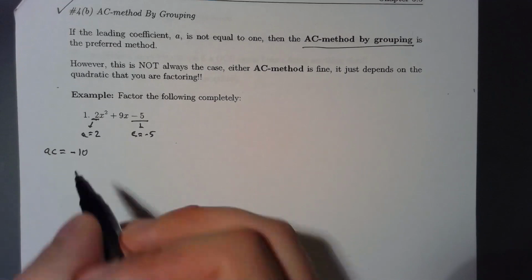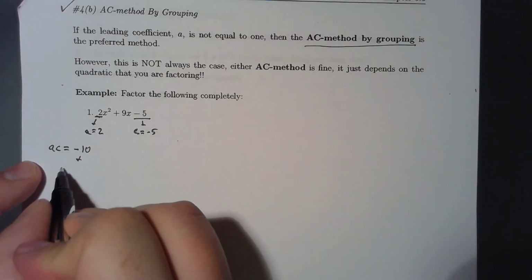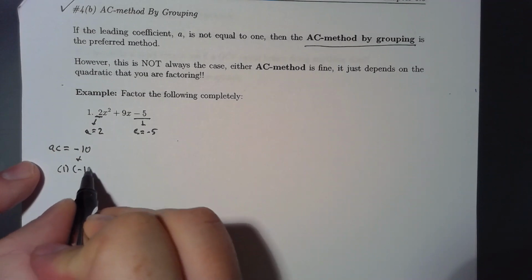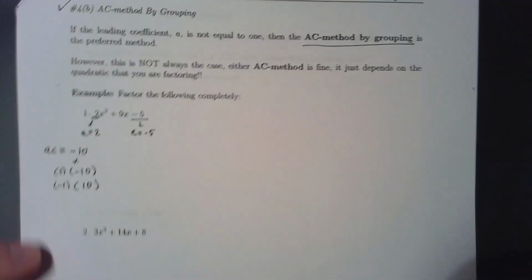Let's list the factors of -10. That could either be 1 and -10 or -1 and 10.